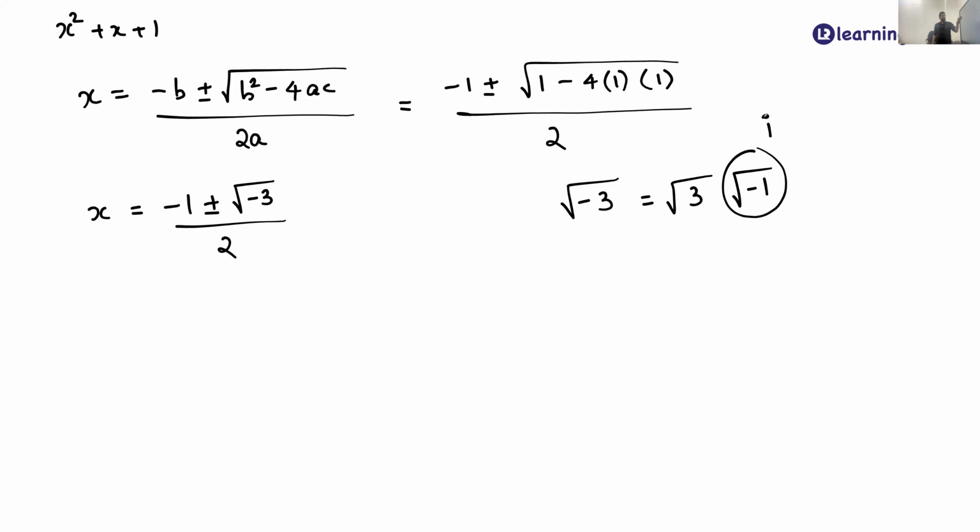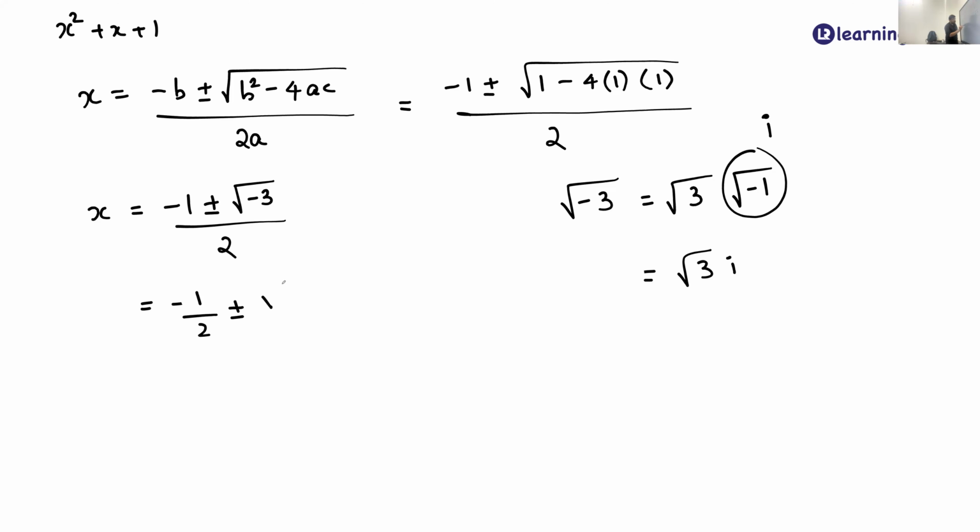So basically, square root of minus 3 is written as square root of 3 times i, where that i is square root of minus 1. You're able to understand? So if you substitute it here, this will become minus 1 by 2 plus or minus the square root of minus 3.